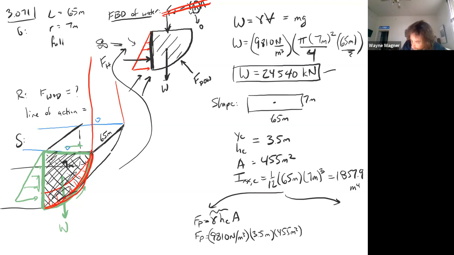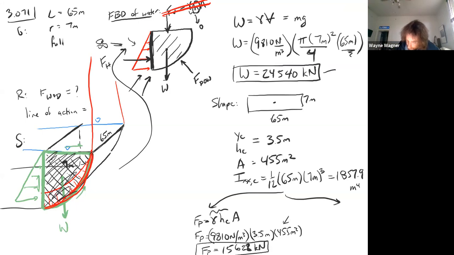So again, we're going to have a really big number. Don't be scared, that's because this area is large. So 9810 times 3.5 times 455. Can't do that in my head. Oh, God. It's about 15622, and we're going to convert to kilonewtons because I don't want to write the rest of those digits. Really big numbers.